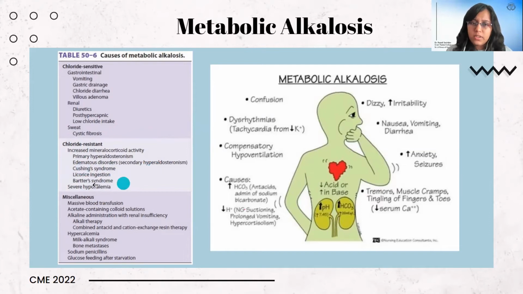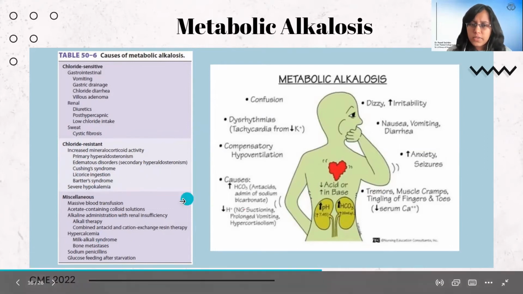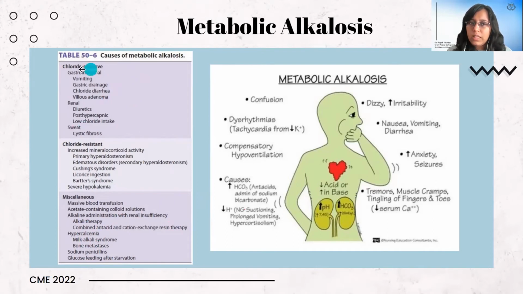So primary hyperaldosteronism, Cushing's disease, Bartter syndrome, severe hypokalemia, and some other causes are massive blood transfusions, milk alkali syndrome, bone metastasis, etc. The major ones you need to remember, which patients commonly come with, are gastrointestinal: vomiting, gastric changes, chloride diarrhea, and diuretics.